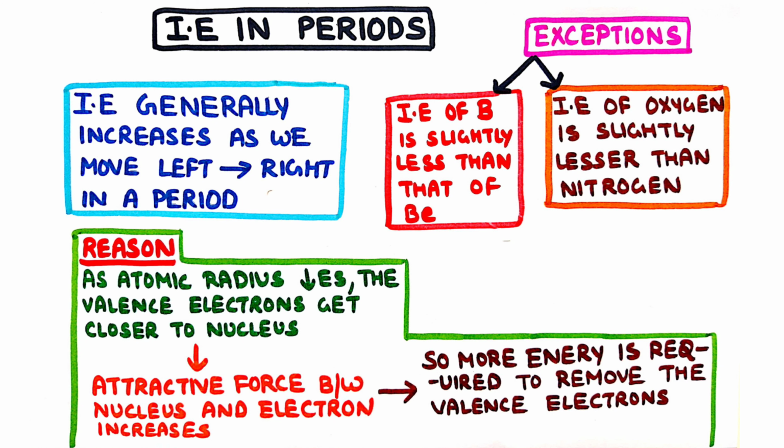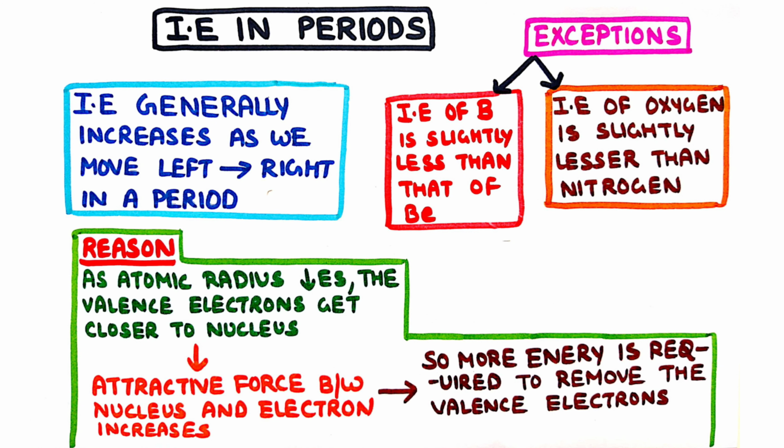So as we move from left to right in a period, the atomic radius will decrease, and due to this, the valence electrons get closer to the nucleus. So the attractive force between nucleus and electrons increases. So more energy is required to remove the valence electrons. Thus, ionization enthalpy increases.